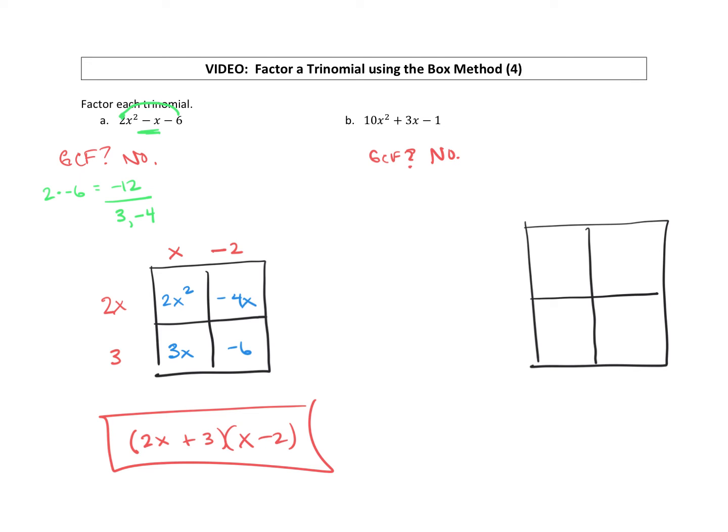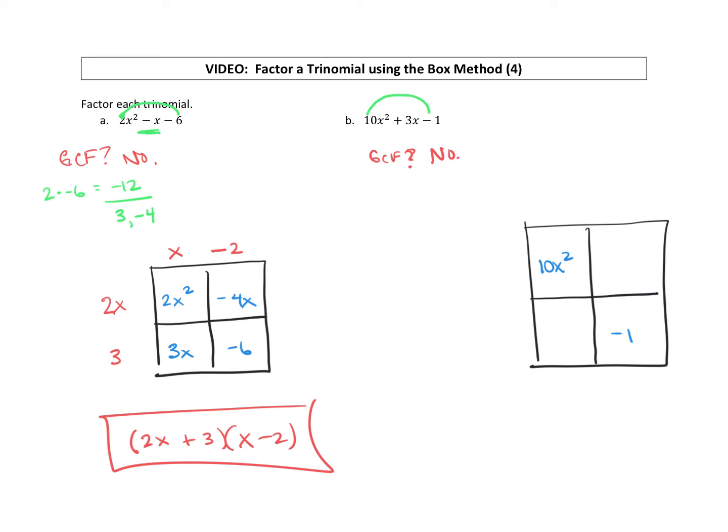Fill in the first term into the top left box, 10x squared. Fill in the last term to the bottom right. And then our remaining two boxes are reserved for factors of a times c that add up to b. So what is that a times c?